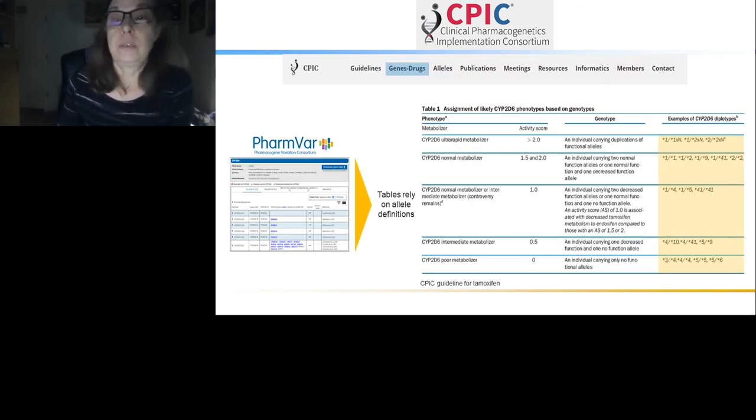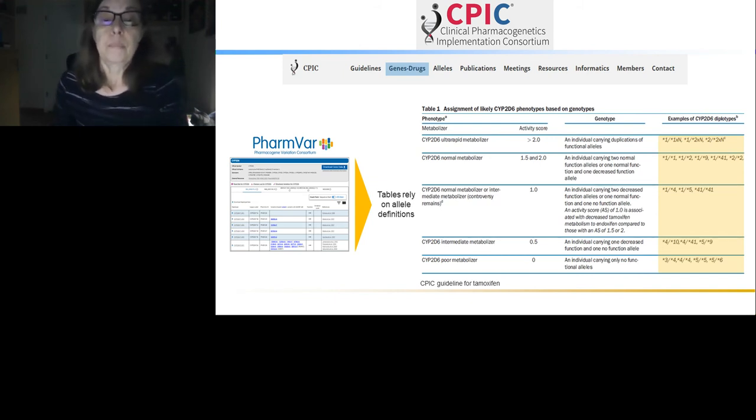So what you see here is table 1 from a CPIC guideline. And all these tables 1 are very similar in all these guidelines. And so you see the phenotype definitions like ultrarapid, normal, or intermediate metabolizer. For cytochrome P450 2D6, that is the activity score system that is used to facilitate the translation of genotype into a phenotype. There is a brief description of the genotype.